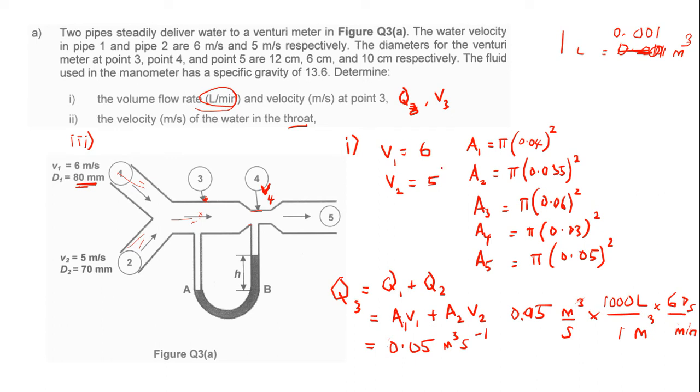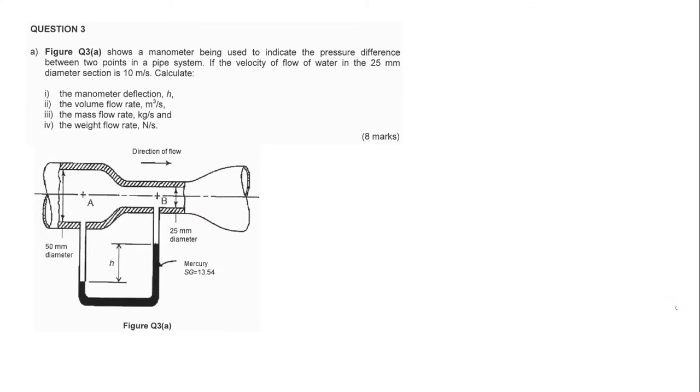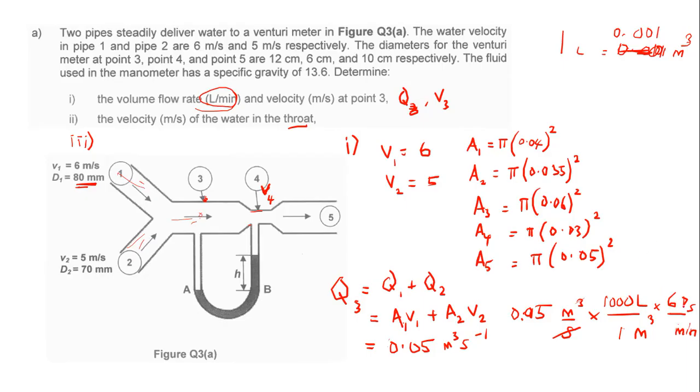So you want liter per minute, which means you times 60 so that you can cancel out the second, and you can cancel out the meter cube.